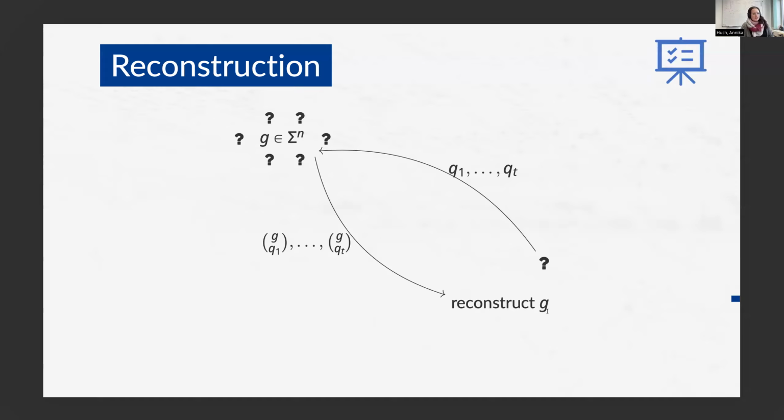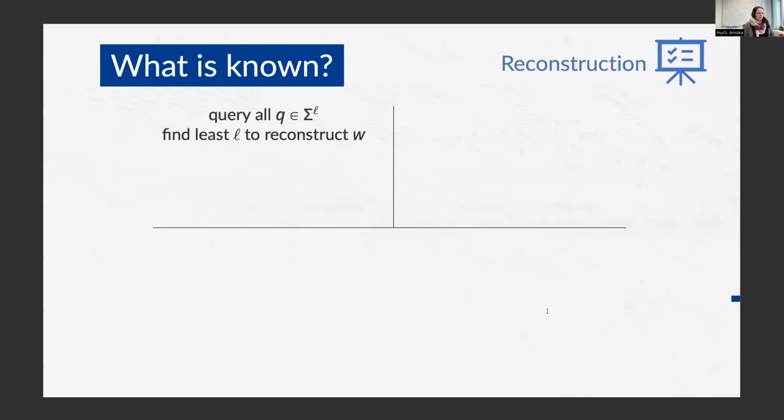In the literature, there are different variants of this problem. One variant is to query all words of a certain length over the alphabet sigma and find the smallest such value, such that we can uniquely reconstruct the word. There are some bounds, and many people investigate this. To my knowledge, the most recent best bound grows in the word length.